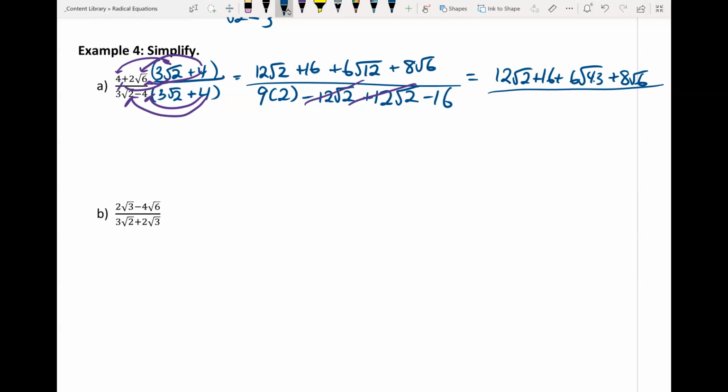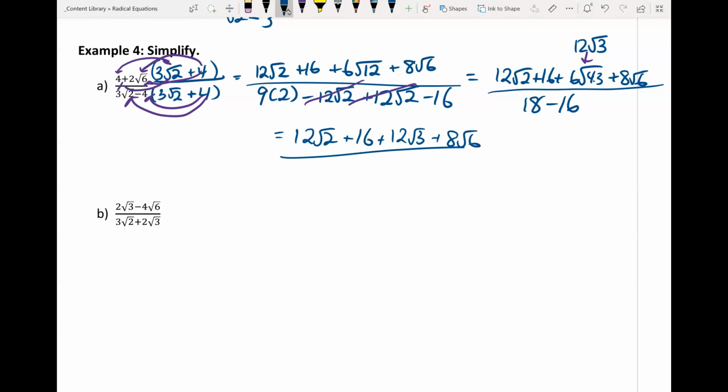And then in the denominator, we have 9 times 2, which is 18, and then 18 minus 16. So for this term here, if I take out the root 4, that'd be 2, which is 6 times 2, and that's 12. Root 3 left over. No like terms there, but then we have a 2 in our denominator.